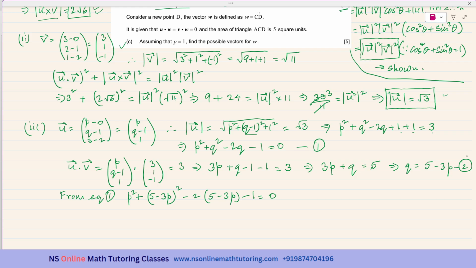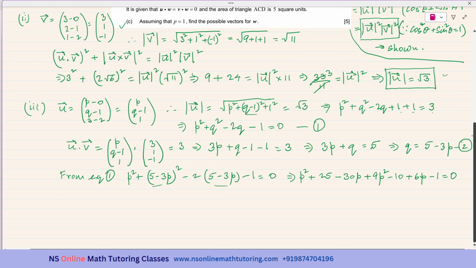Okay, so I'm expanding this as well as this one: p square plus 25, and then 2 times 5 is 10, times 3 is 30, so minus 30p and plus 9p square, minus 10 plus 6p, minus 1 is equal to 0.